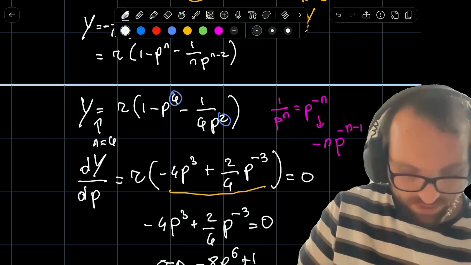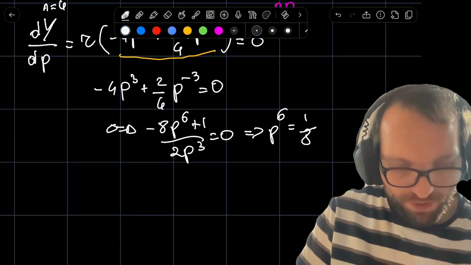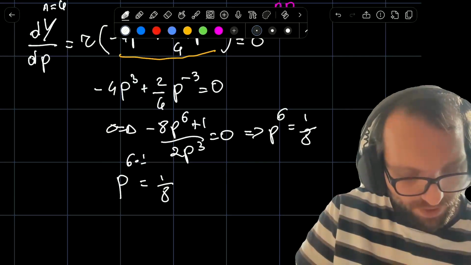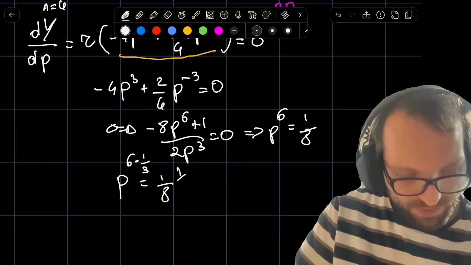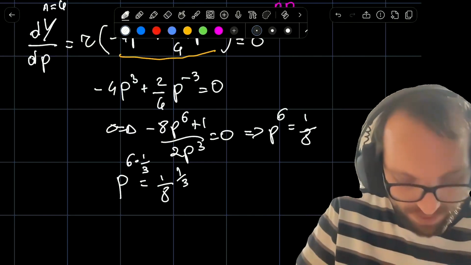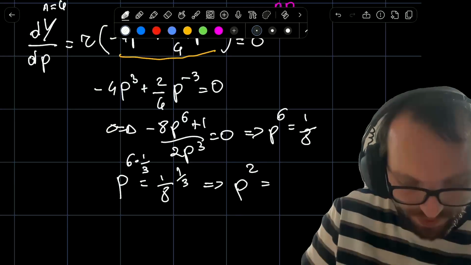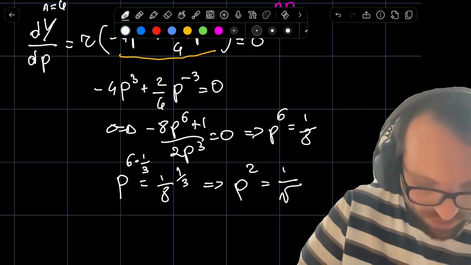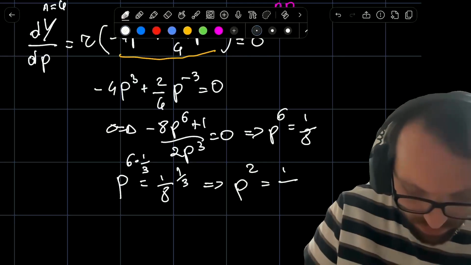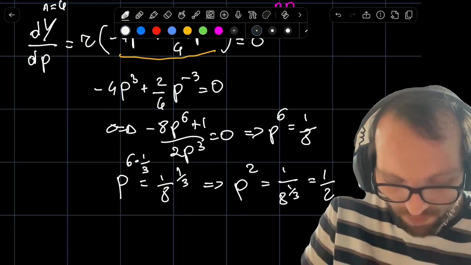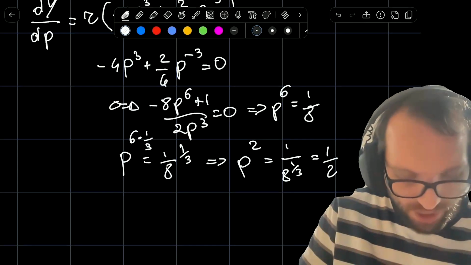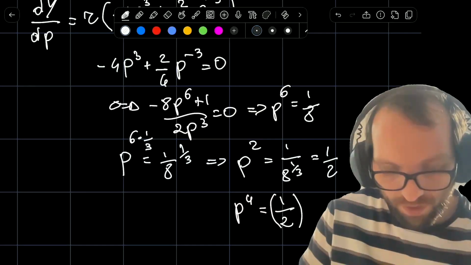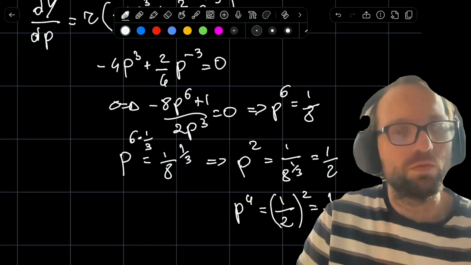But what we know is that if we have p to the 6, if we raise to 1 over 3, we get that p squared is equal to 1 over 8 to the 1/3, which is 1/2. Okay, and p to the 4 is simply 1 over 2 squared, so 1/4.